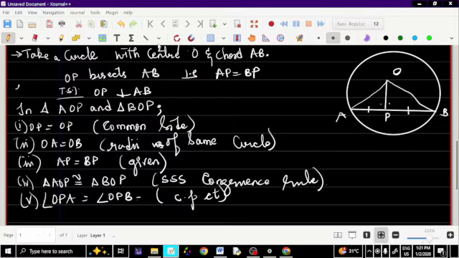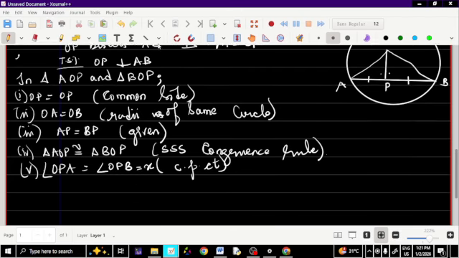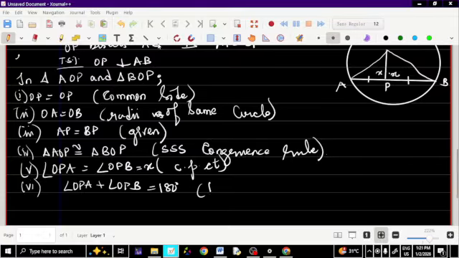Let the common value, I'll call it X. But both of them also form a linear pair. So by linear pair axiom, angle OPA plus angle OPB will be 180. But both of them are equal to X each.